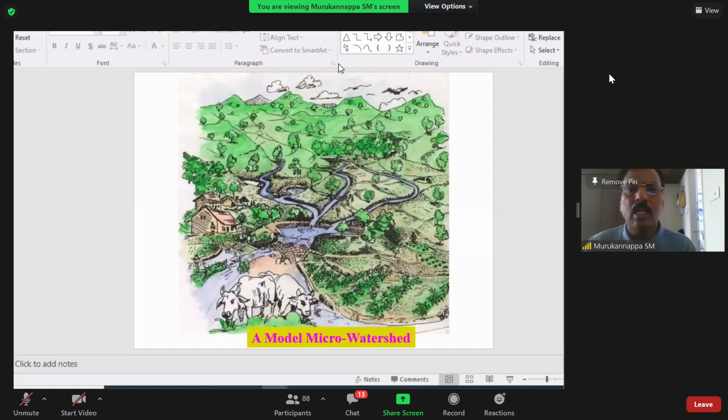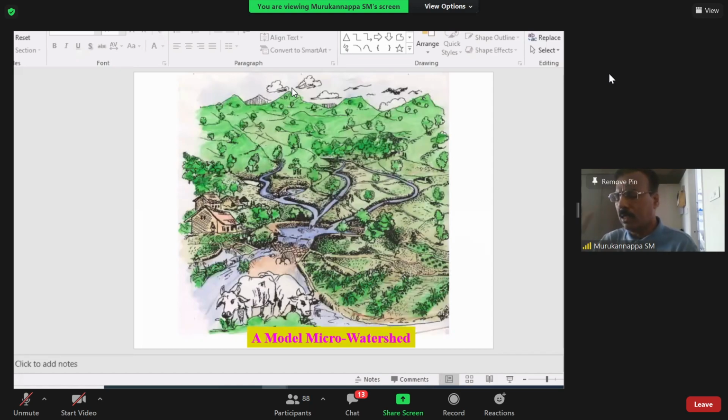So first I will explain the conservational measures for the cultivated land. That means the area is under cultivation. You grow crops like ragi, groundnut, red gram, jowar. That depends upon the region. Different crops are grown in that particular area.